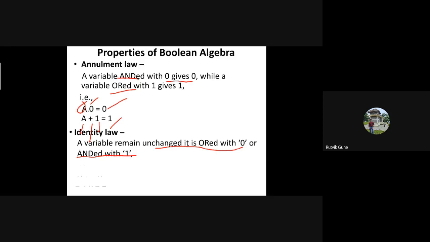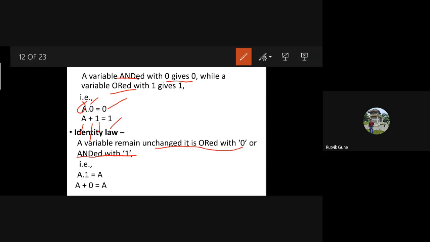It means that if you AND A with 1, the variable will retain its value as A. And if you OR A with 0, again you will get A. Understood this property? This is your identity law.